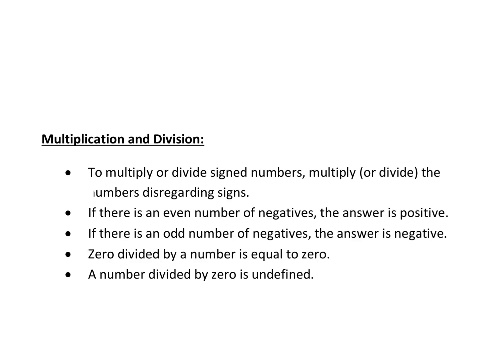We also have a couple rules involving 0. If you have 0 divided by a number, it is equal to 0. On the other hand, a number divided by 0 is, we call it undefined. You are never allowed to divide by 0.